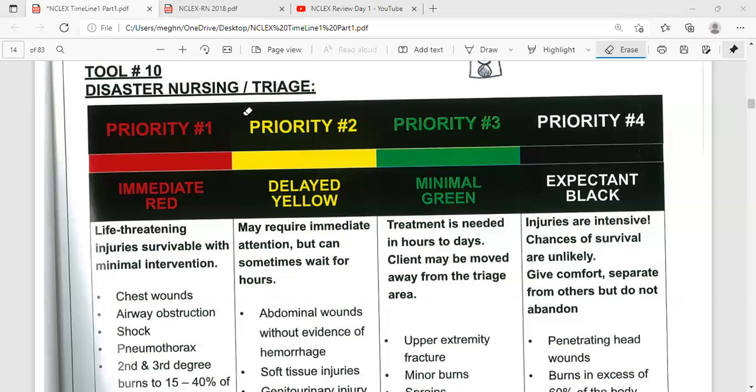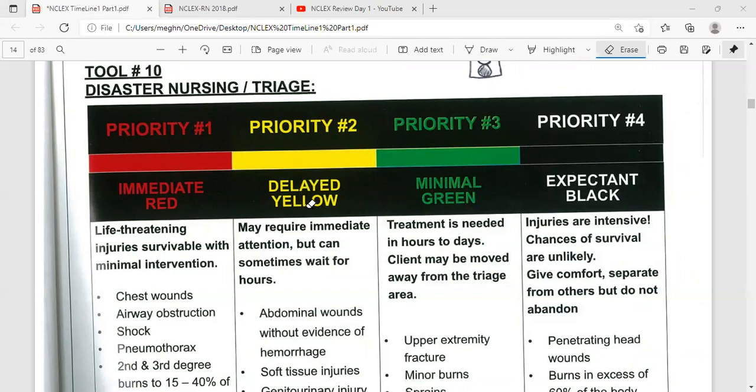So always be able to rapidly identify the problem and respond to actual life-threatening state. Also be able to make a judgment on potential for life-threatening deteriorations. Let me read it. So priority one, we call it red, means they need immediate care. Priority two, it is yellow.